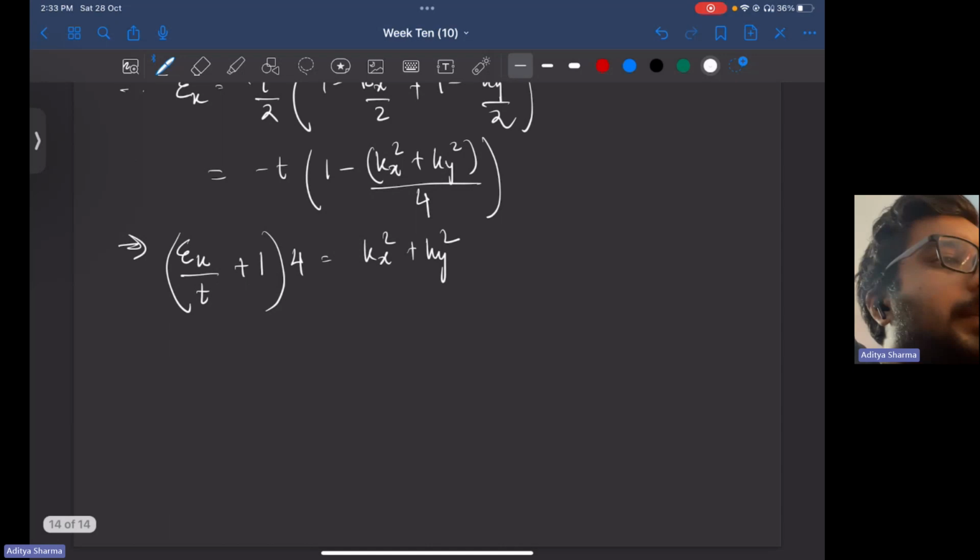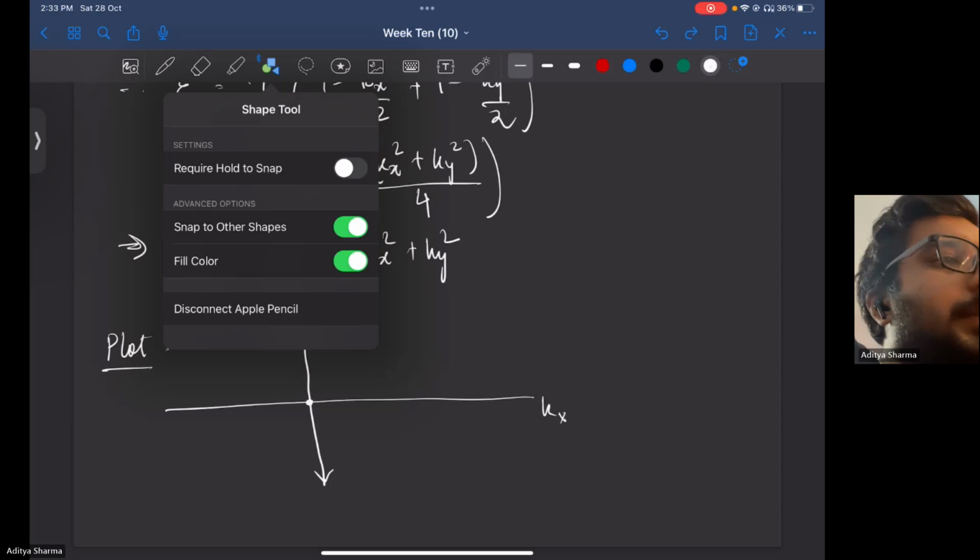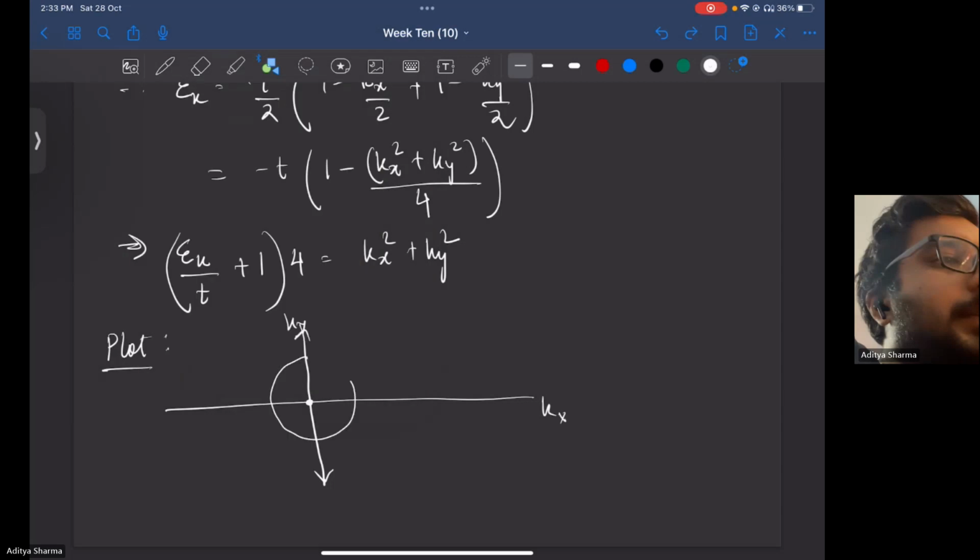If you fix an E_k in the kx, ky plane, the plot is going to look like a circle. And remember, kx, ky should be nearly 0. This is valid near the origin. Anyways, for the sake of seeing it clearly, I'm drawing a circle around here, like this.